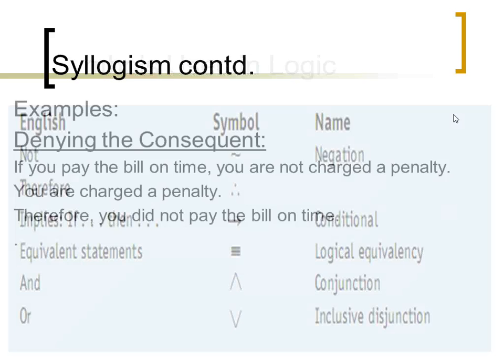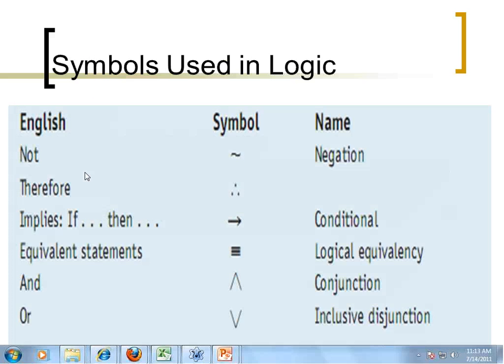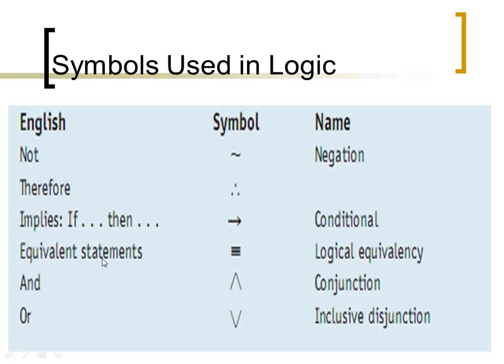Alright? Now, these are some symbols that are used with logic. You know the first one already, you've been introduced to it. But the others, this is the therefore symbol. The conditional symbol is the arrow, and that is if-then, the if-then clause.